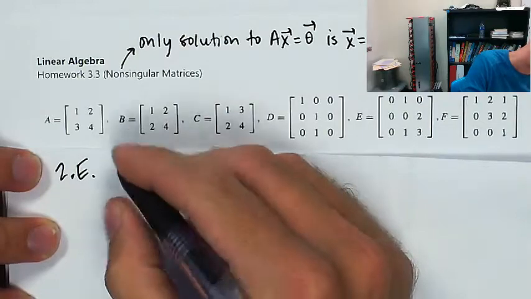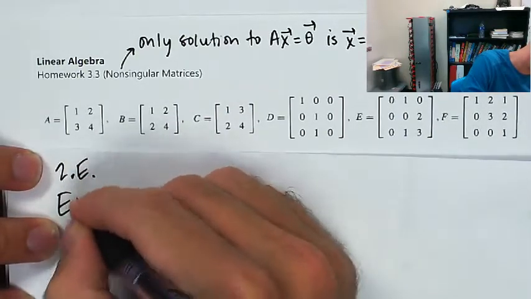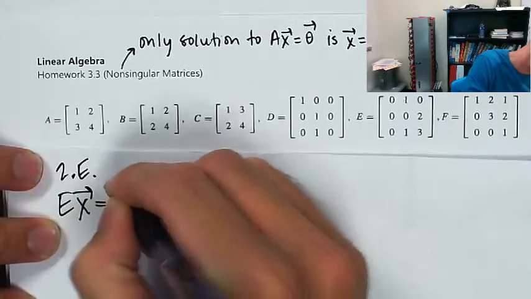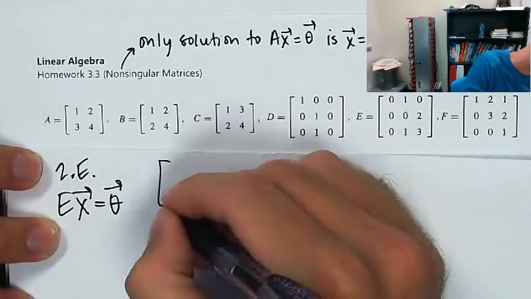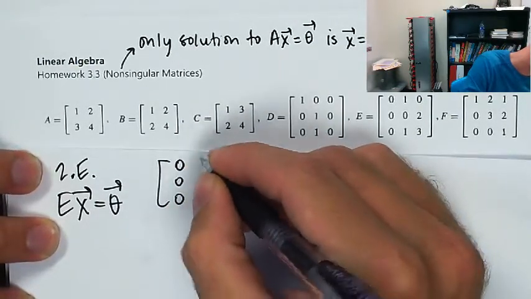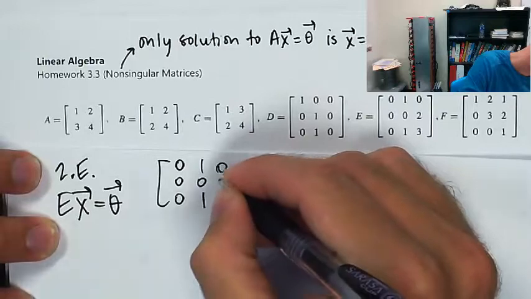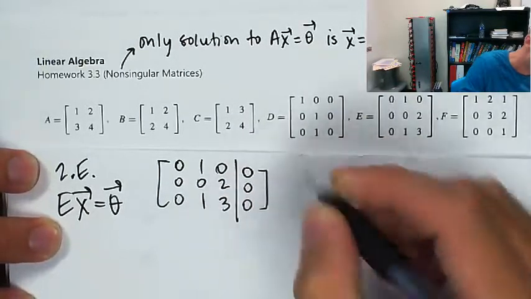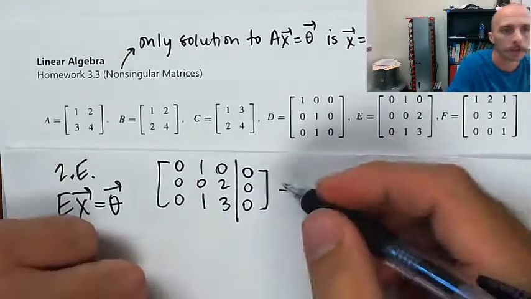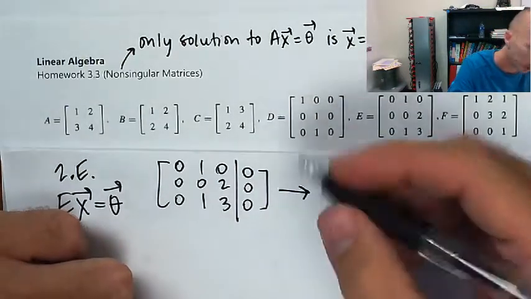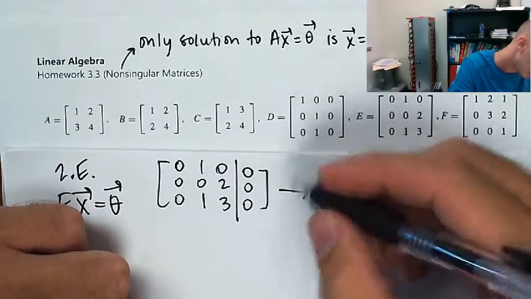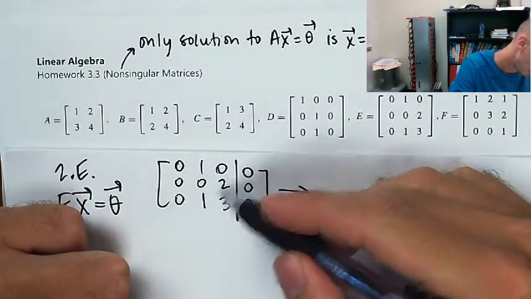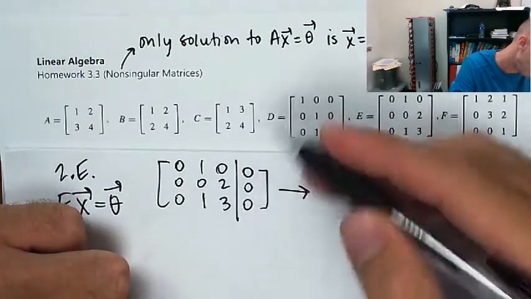2E. I'm interested in the solutions to the equation Ex equals 0. So I'm going to take E, augment with the 0 vector, and row reduce. All right, so we are going to subtract this down here, and to get rid of this, we're going to divide that by 2 and subtract away that thing.